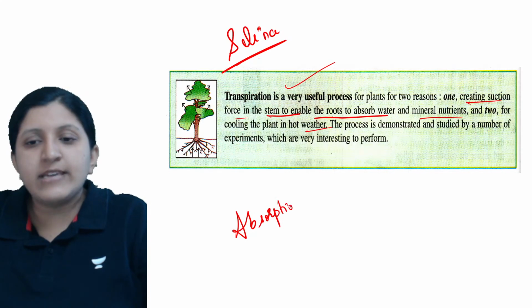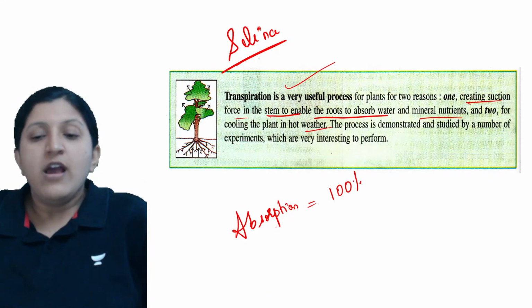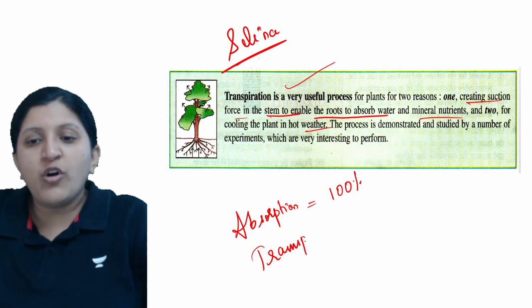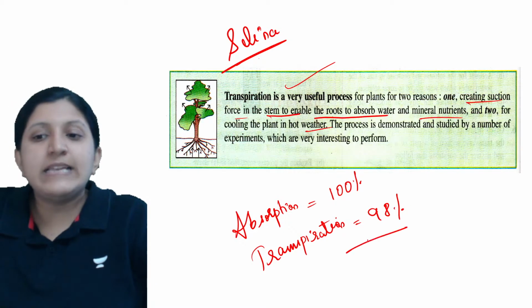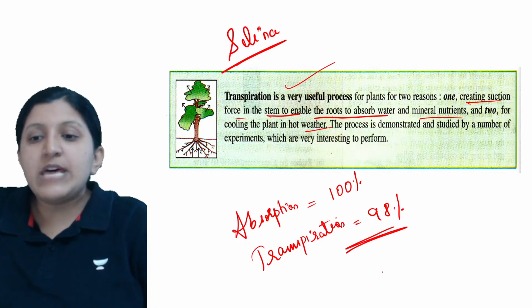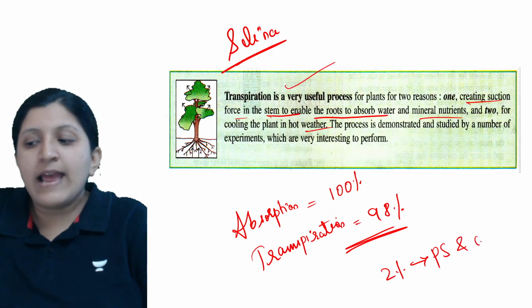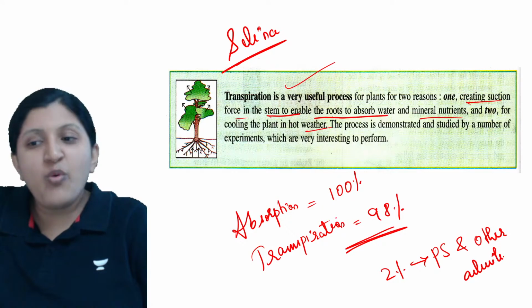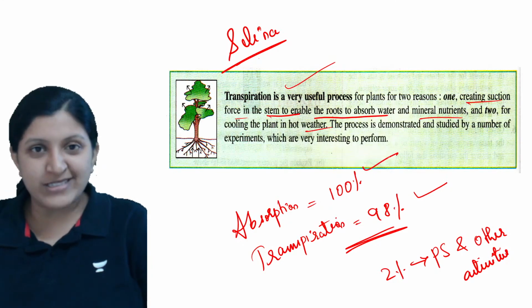We all know that water is absorbed, and that is about 100%. Of whatever amount of water is absorbed, about 98% is the transpired water. The remaining 2% is used for photosynthesis and other activities. So whatever water is absorbed, almost all of it is lost.